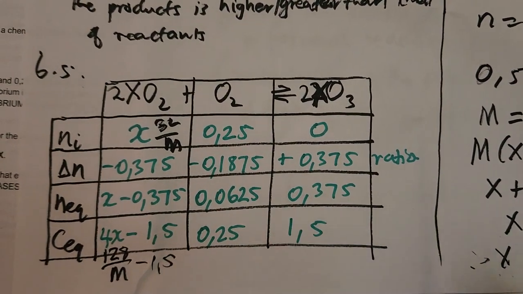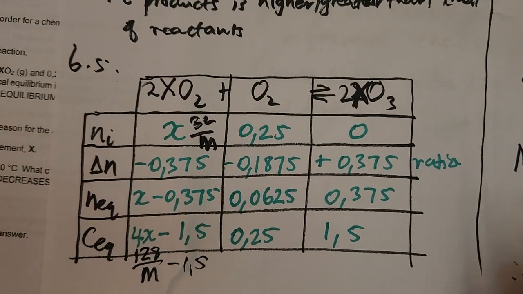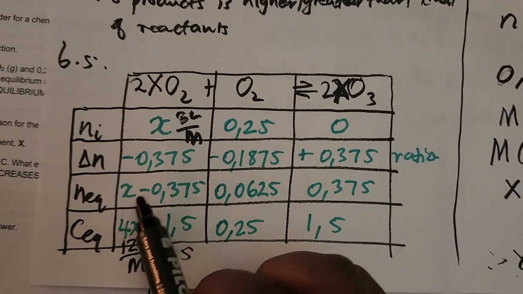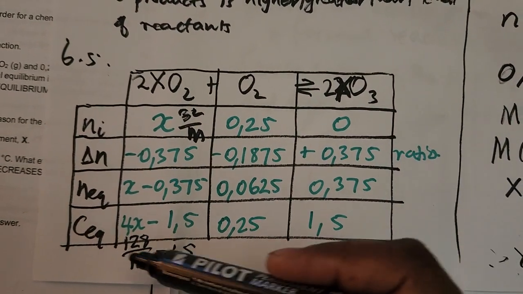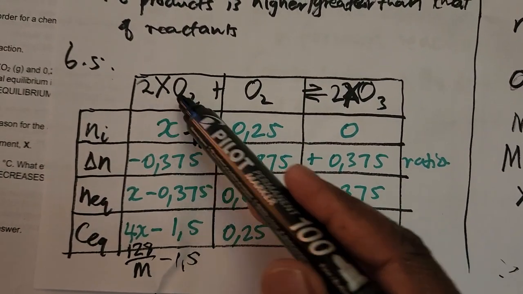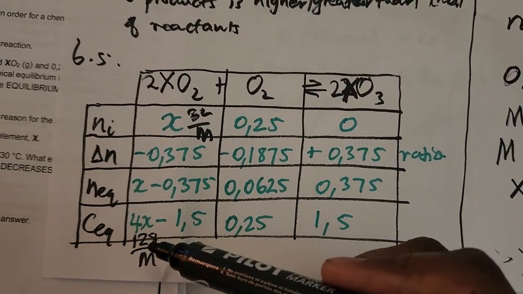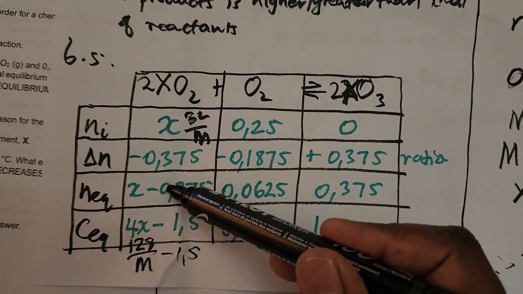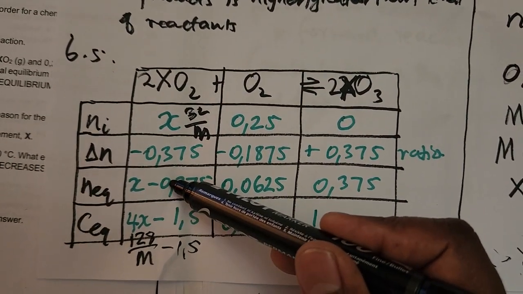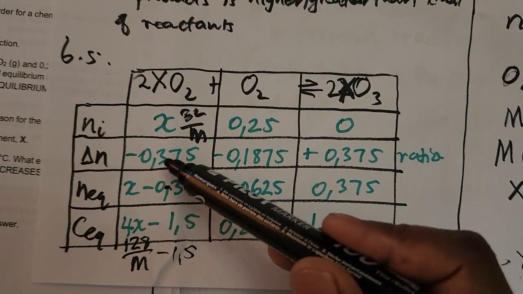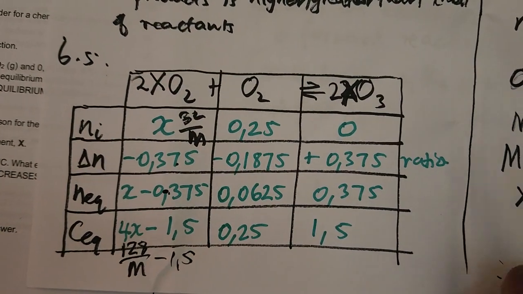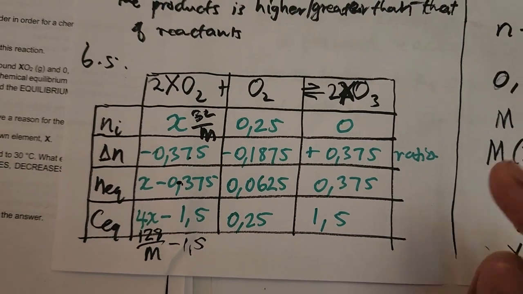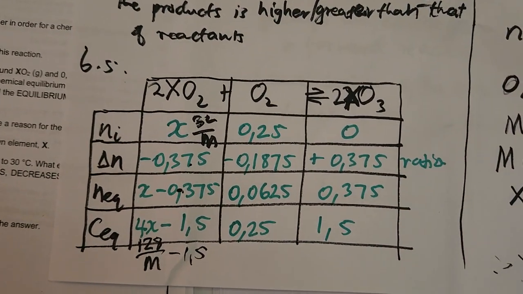You will still get the same answer. Or other learners can say, no problem, I'm not given this, I can just not write anything here. So you first calculate the concentration of XO2 at equilibrium. Once you find that concentration, you multiply by volume to get this one, then this one plus this will give you this. So there are many ways of dealing with this question. It depends on the angle from which you understand it.